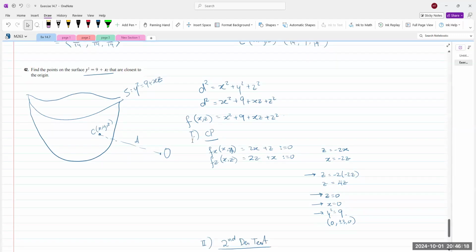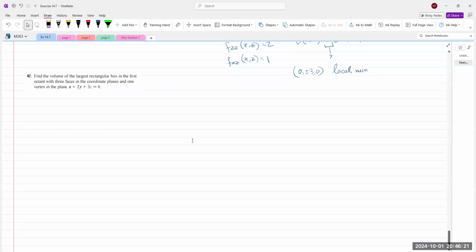As for the last one, number 47. Find the volume of the largest rectangular box in the first octant with 3 faces in the coordinate planes and 1 vertex on the plane.